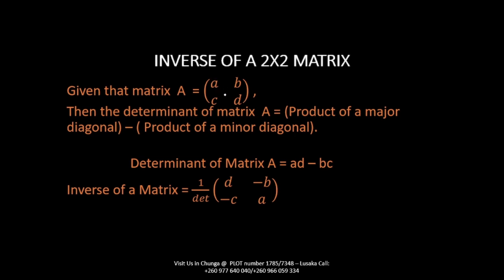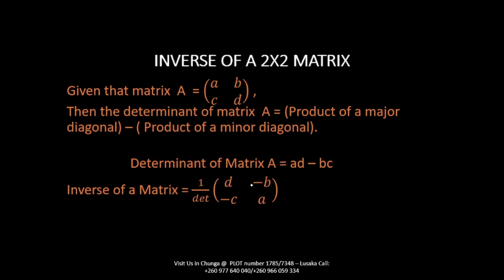So these, they interchange. Then the elements that are in the minor diagonal, they change the sign. If the sign was a positive, it will become negative. And if the sign was a negative, it will become what? Positive.